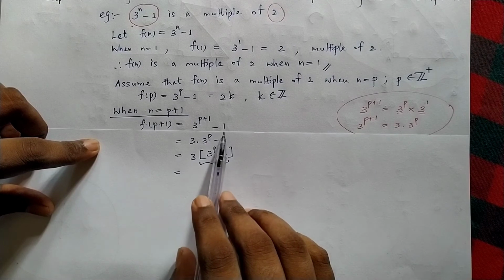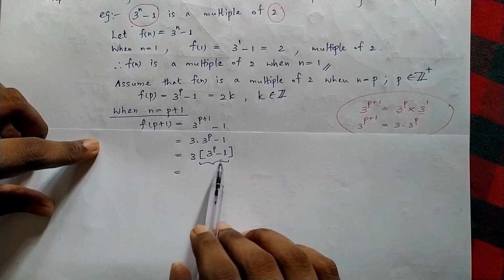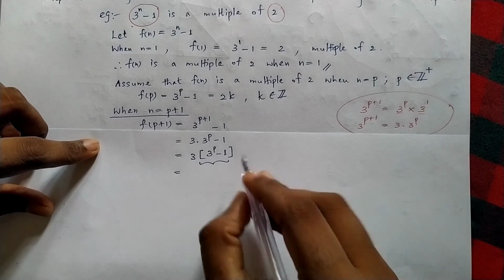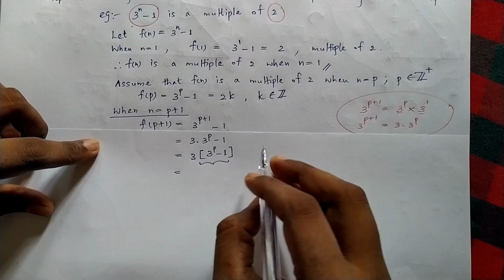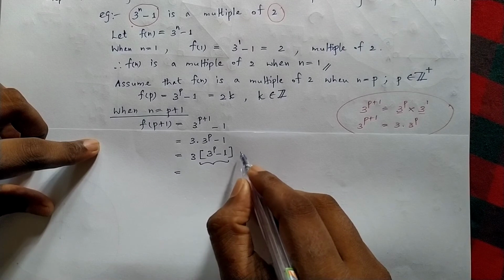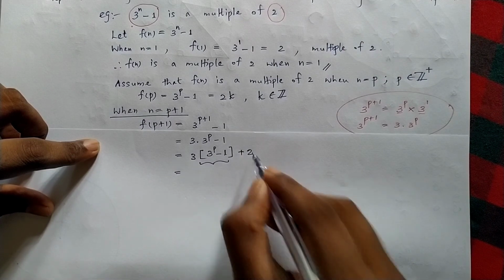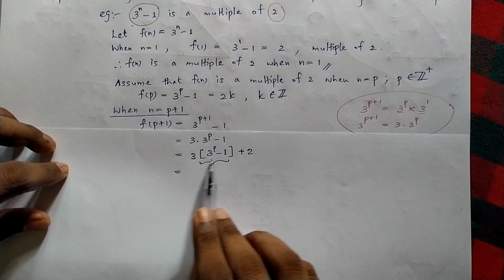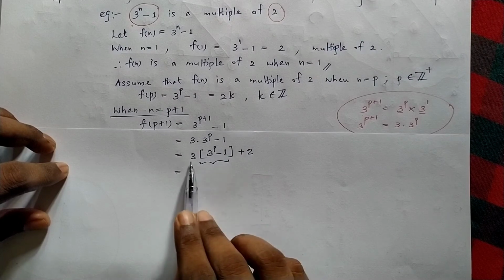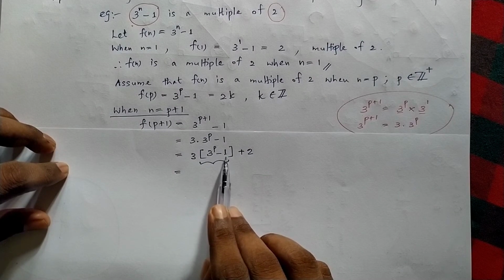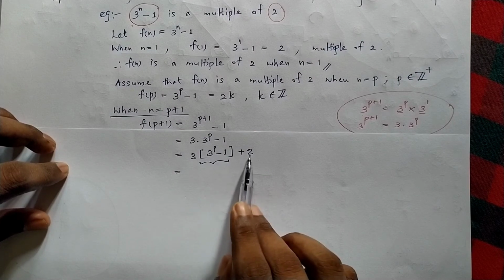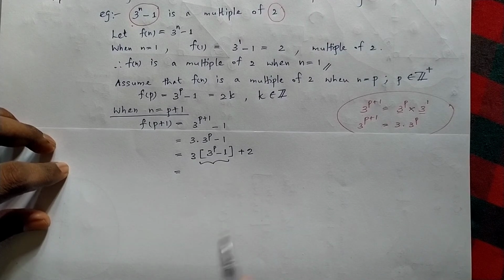But in the expression we had only minus 1. To change minus 3 to minus 1, I have to put plus 2. 3 into minus 1 becomes minus 3. Minus 3 plus 2, we have minus 1.